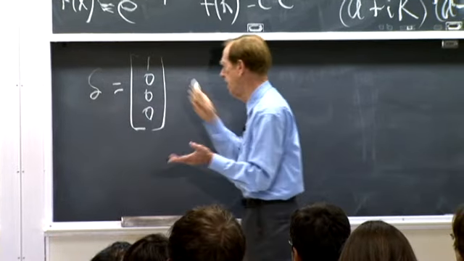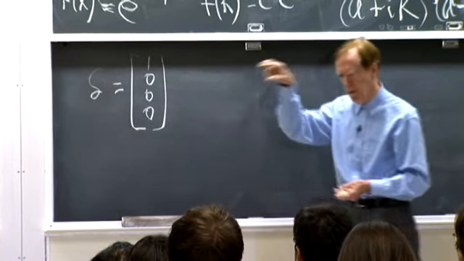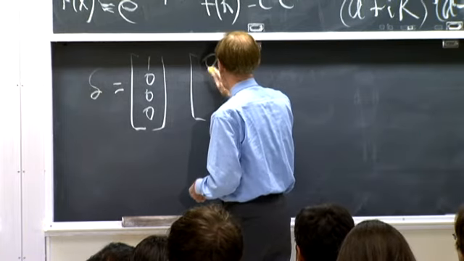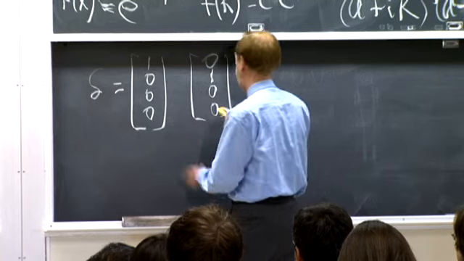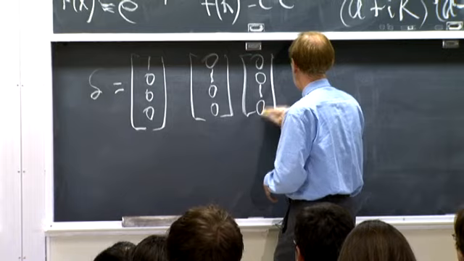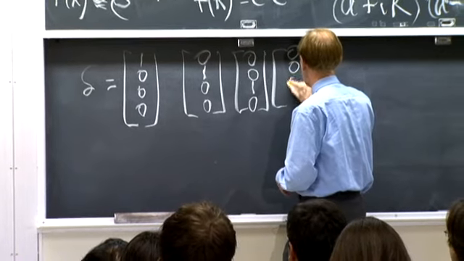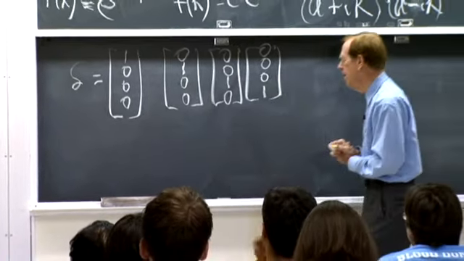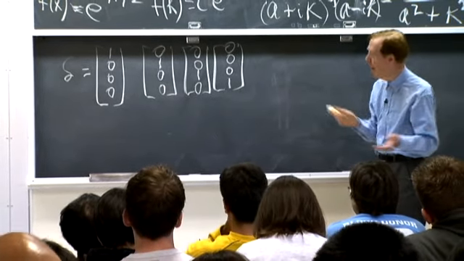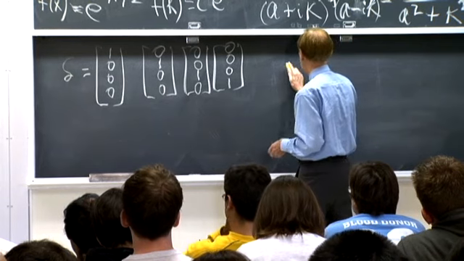That was a typical delta vector with a 1 in the 0th position. Then its shifts would be 0, 1, 0, 0. That would be a shift. And another shift would be 0, 0, 1, 0. And another shift would be 0, 0, 0, 1. Okay? So now there's the delta vector and its shifts. Just 4 guys.